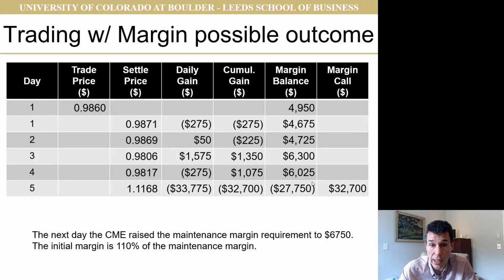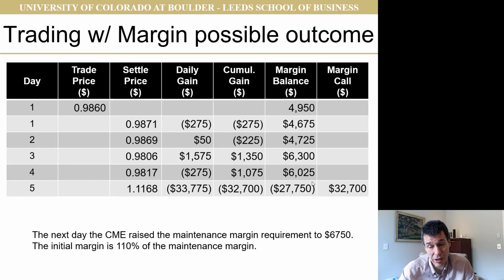So version 1, the investor has the 32,700 and can quickly make the margin call, right? The broker calls them up, says you owe me 32,700. They post the 32,700. The position is maintained. Version 2 would be they don't have 32,700, but they've got 27,750. Well, if they pay the 27,750, they have covered all of their losses, right?